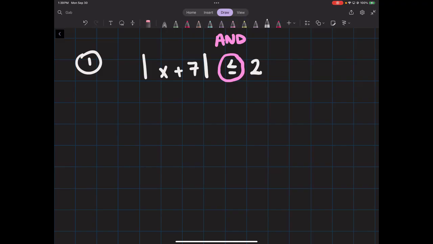Probably we should. So if I had +2 over here, what should be on the left side? -2. And then in the middle is the same, x plus 7. Is that okay? And then you go and solve this just like any other "and" inequality.